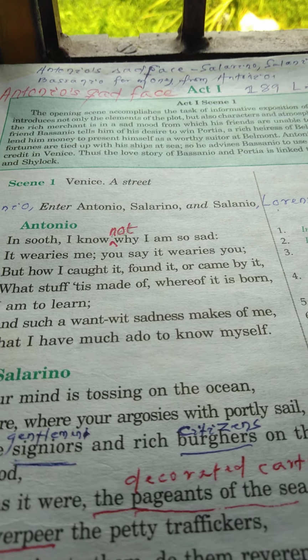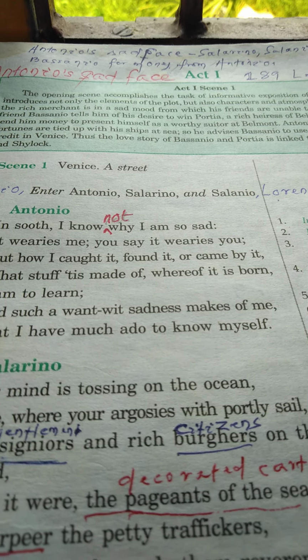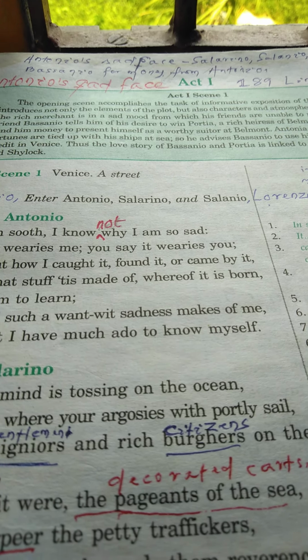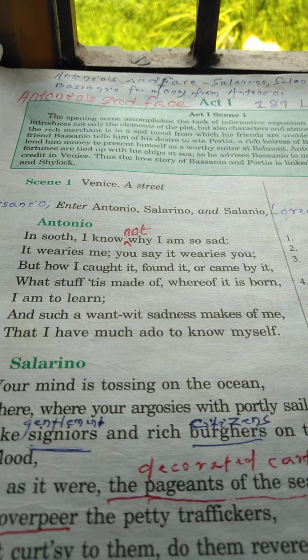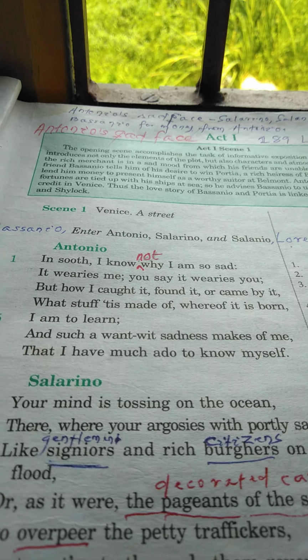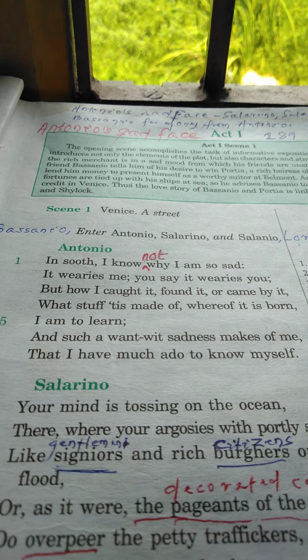That's why he calls it want-wit. A sadness wanting in wits, in reason, in logic. Want-wit, a compound word. Sadness makes me that I have much ado to know myself.